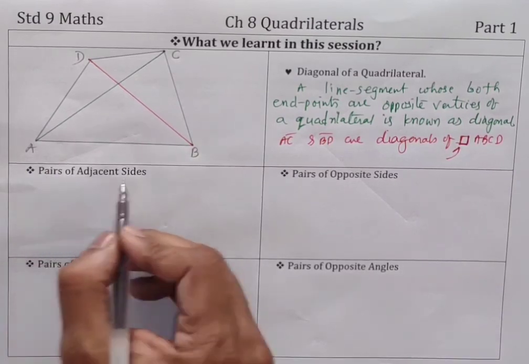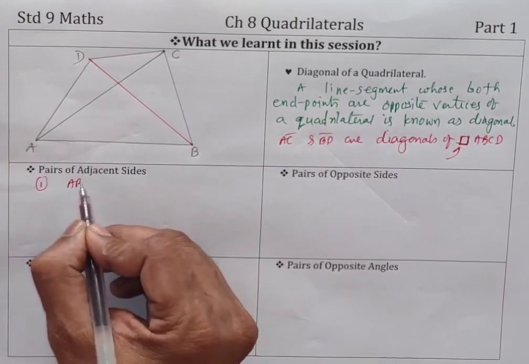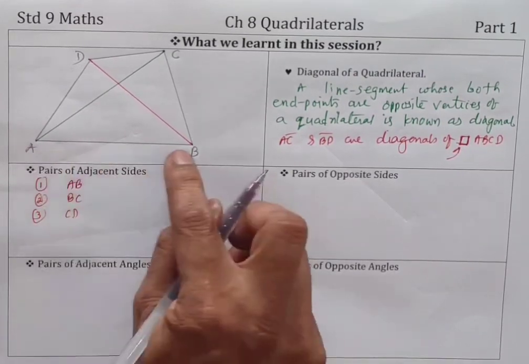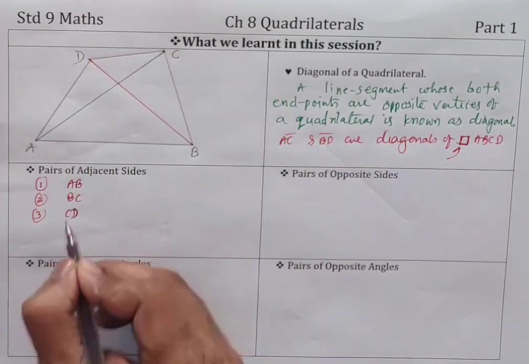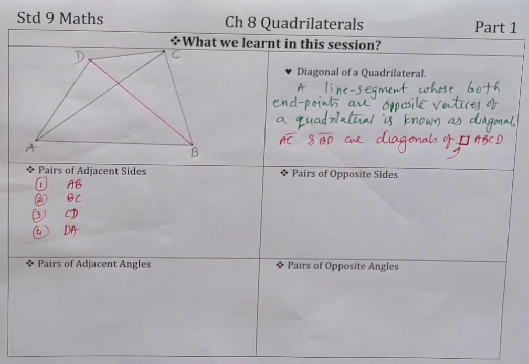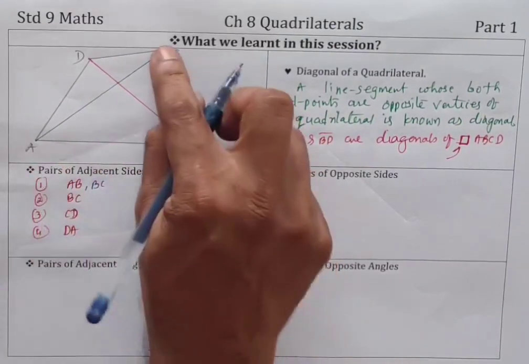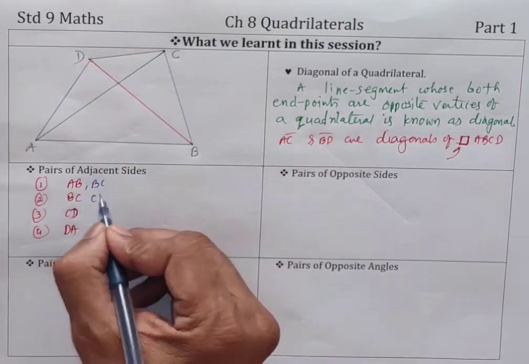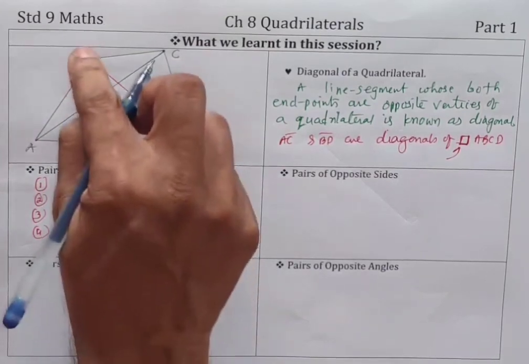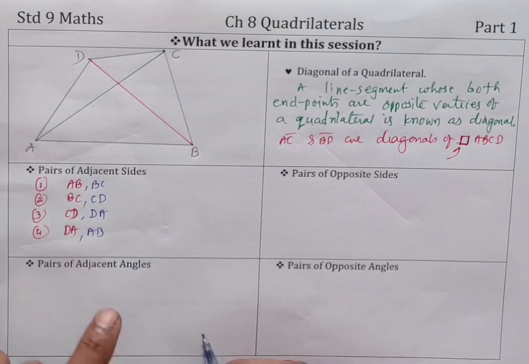But in the NCERT book, they don't use symbols much. Okay, now pairs of adjacent sides. Children, first pair, AB, second BC, third CD, and fourth DA. चलिए, AB के साथ एडजेसेंट है BC, BC के साथ एडजेसेंट है CD, CD के साथ एडजेसेंट है DA और DA के साथ एडजेसेंट है AB. चिल्ड्रन, उसका मतलब क्या हुआ?